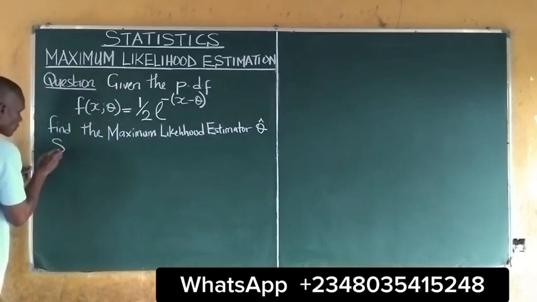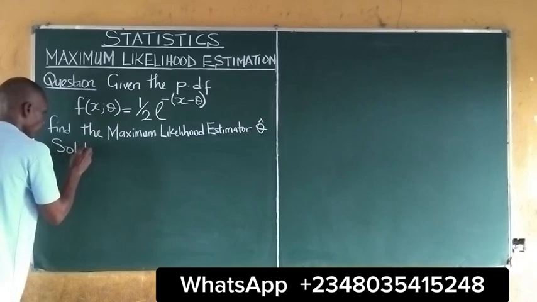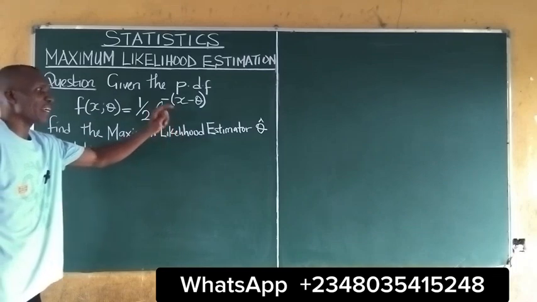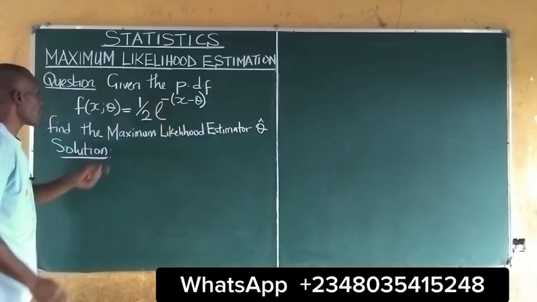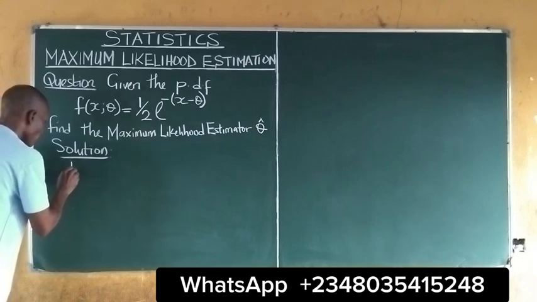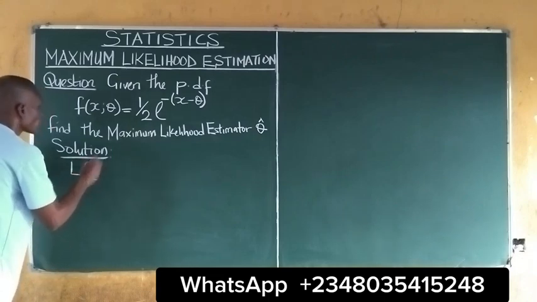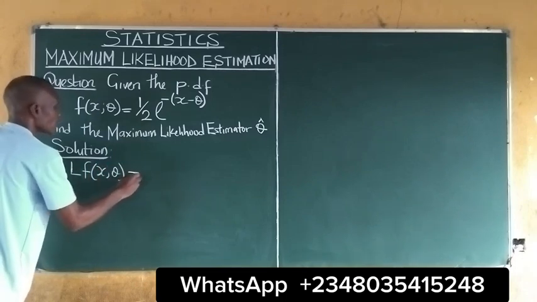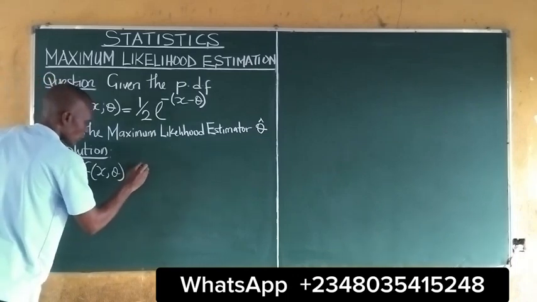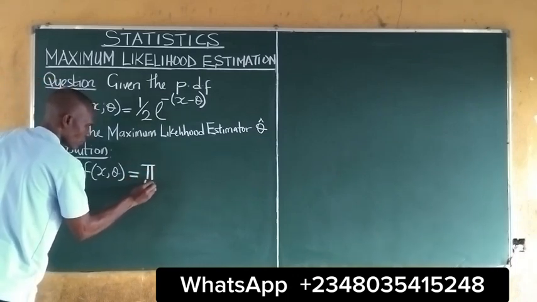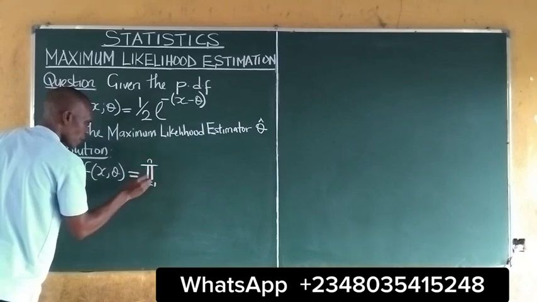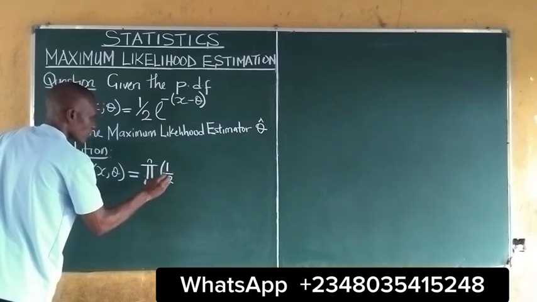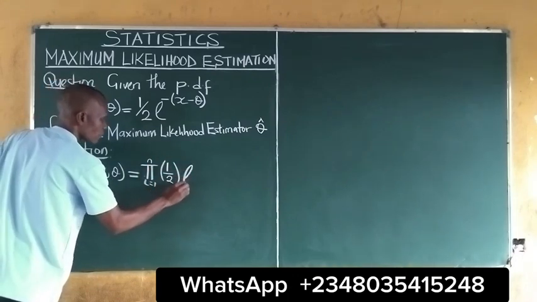So, solution. The first thing to do when finding the maximum likelihood estimator of any PDF is to take the likelihood function. The likelihood function of f of x, theta is equal to the product, i running from 1 to n, of the given function.